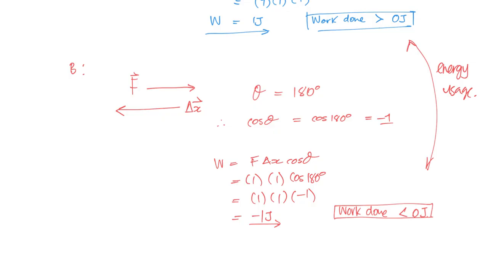So when I'm looking at situation B, this is when I have things like friction or air resistance. Those things all oppose motion each time. So I could have my force going in one direction, but my object moving in the opposite direction. Then I'm going to have work done less than 0 joules. But we're going to look in a bit at what that actually means.